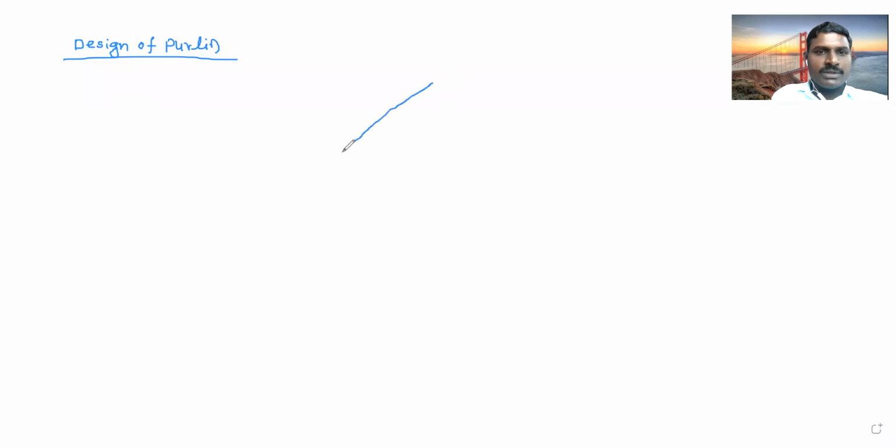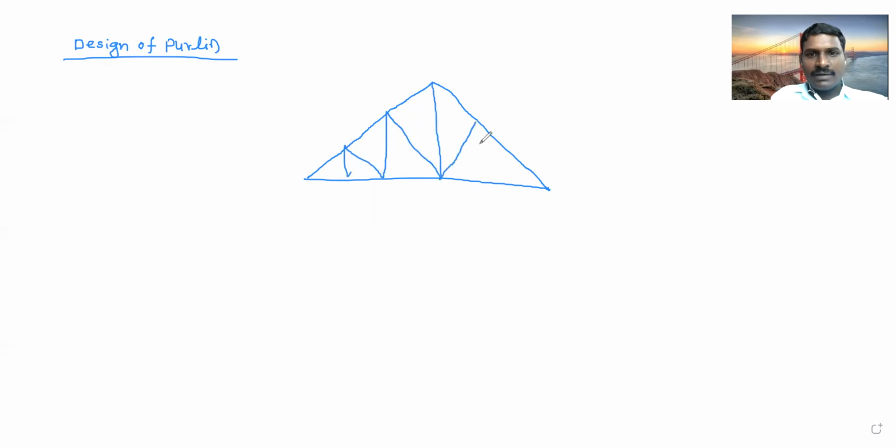The purlin rests on the truss. Have you seen? We showed the sketch in the last lecture. So this is your truss. On the truss the purlin is there, and on the purlin the AC sheet or GI sheet is there.